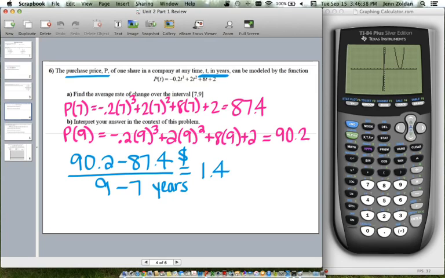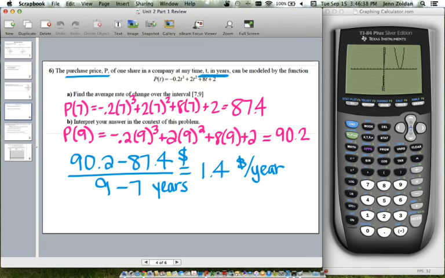So that means our purchase price increased by $1.40, because this is in dollars per year. So it increased by $1.40 over the course of those 2 years.